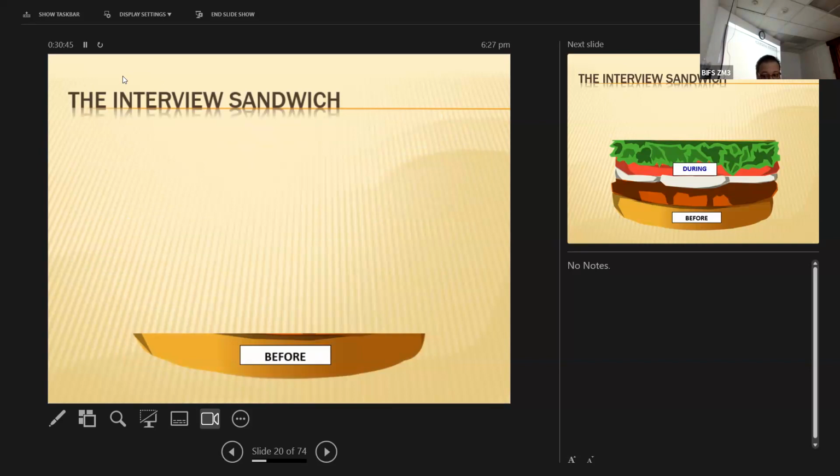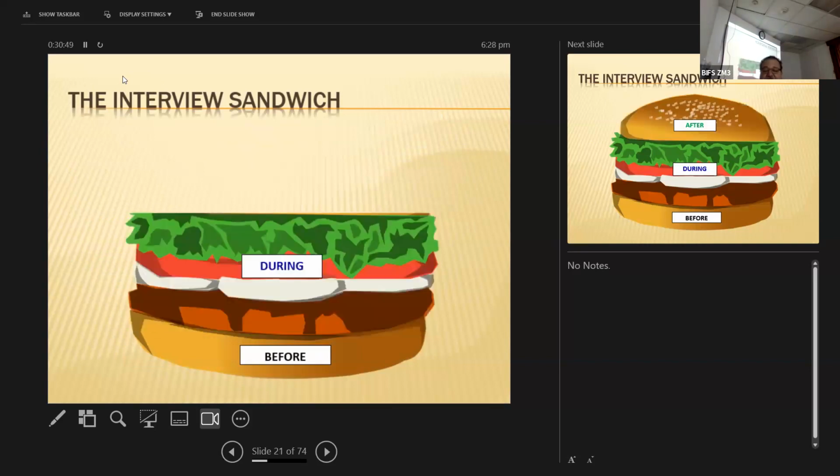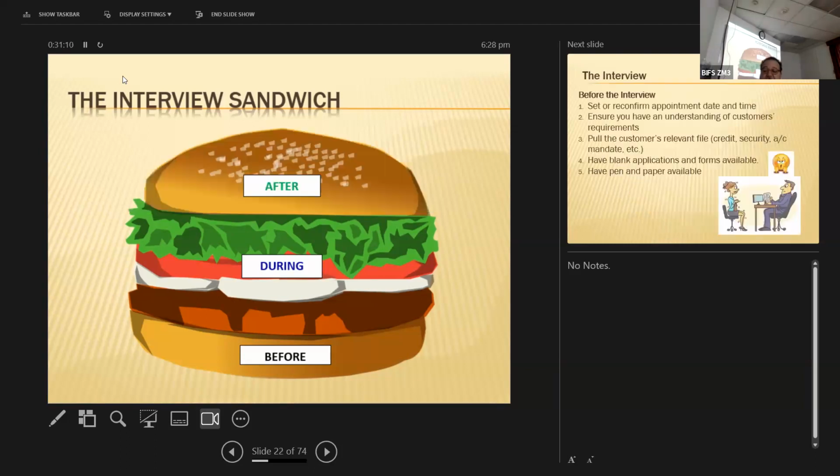So there are some things you do before, some things you do during, and this is the more involved portion. That's the middle of your sandwich, your hamburger, onions, lettuce, tomatoes, and any other condiments. And then after, you put on the top of the bun to get your complete sandwich, your interview. So there are things you do before, during, and after.